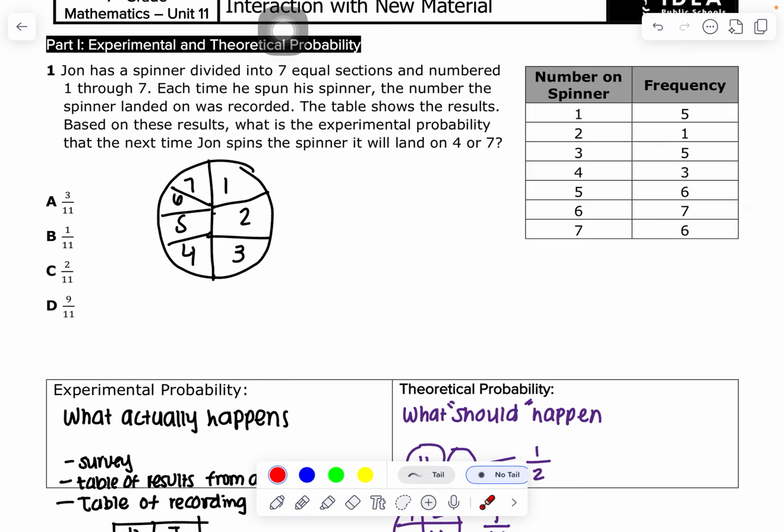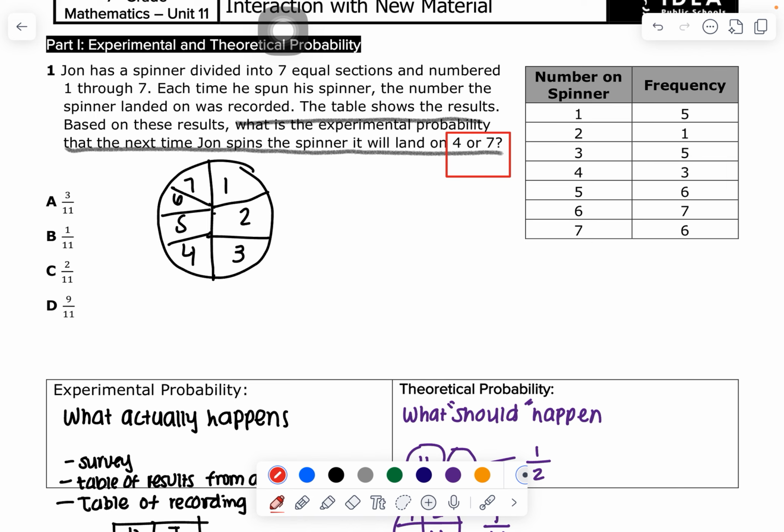Now the question is, based on these results, what is the experimental probability that the next time John spins the spinner, it will land on 4 or 7? So this is important. I'm going to underline and mark this: 4 or 7. We've had multiple problems like this.